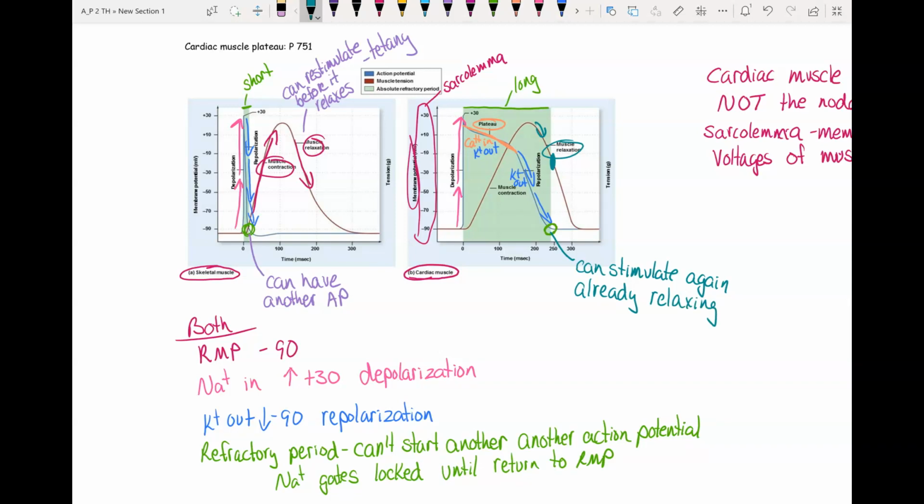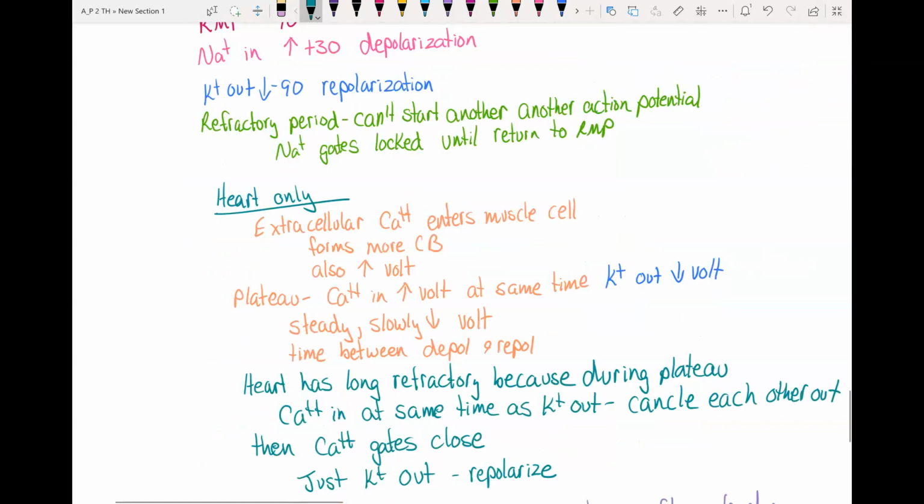So that long refractory period, because of the plateau, means that you can't re-stimulate that muscle before it relaxes. So, do you think you can have tetany in the heart? No, you can't. This makes tetany impossible. So tetany does not occur in the heart. You can't re-stimulate it to contract until it has relaxed. It has to relax between contractions.